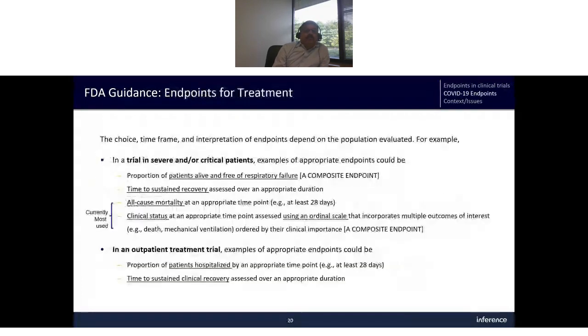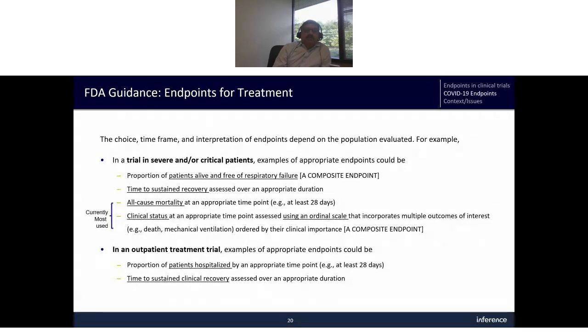Now, some of the endpoints that the guidance talks about, and we know from what we see from public domain, are different based on the status of the patient. If the patient is in severe or critical condition, then some of the endpoints, these are the examples, okay, there are more there. Proportion of patients who are alive and free of respiratory failure.